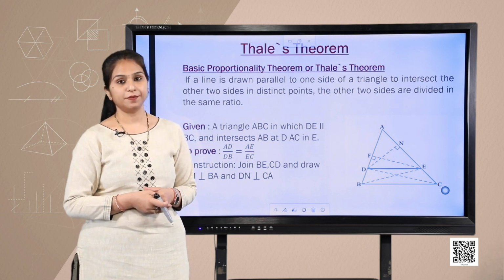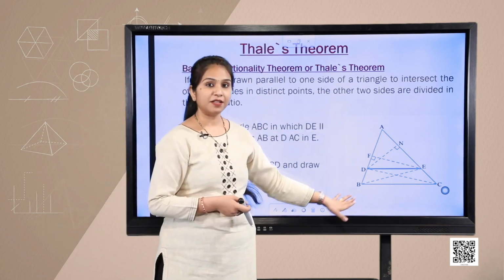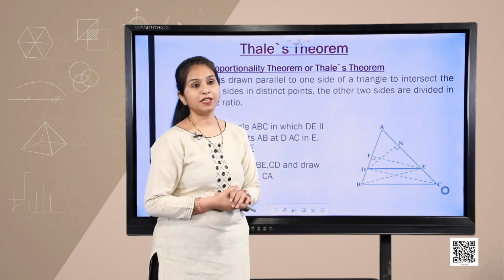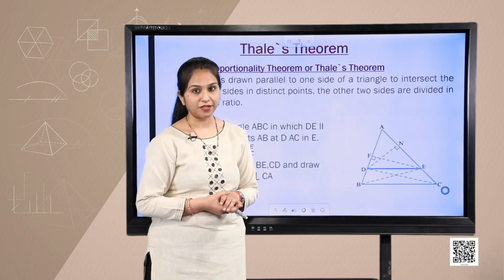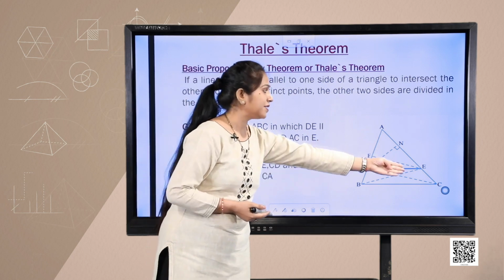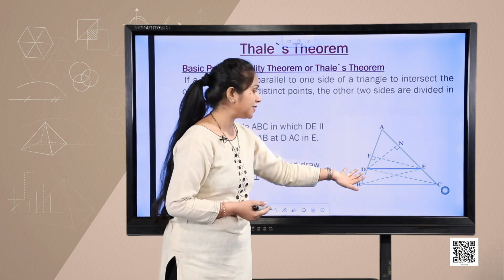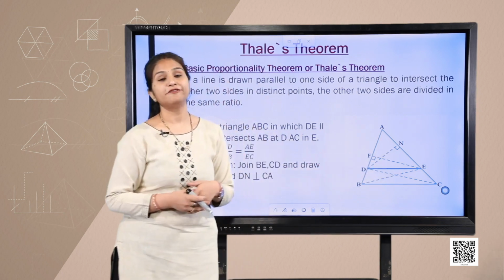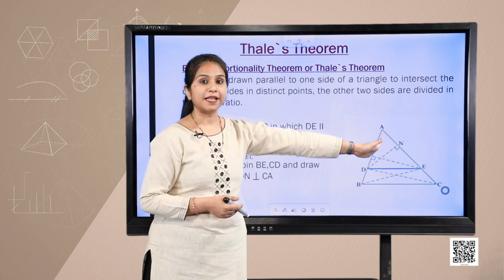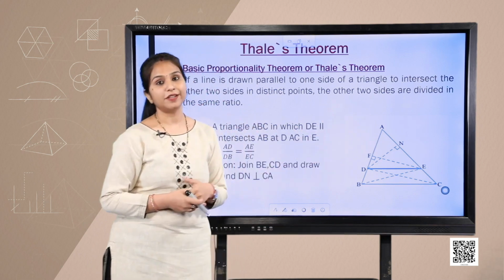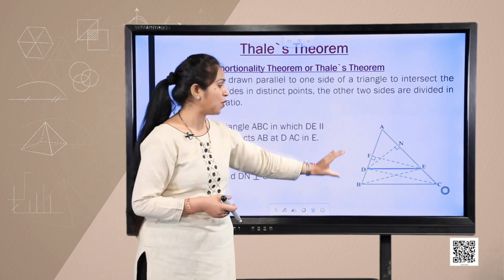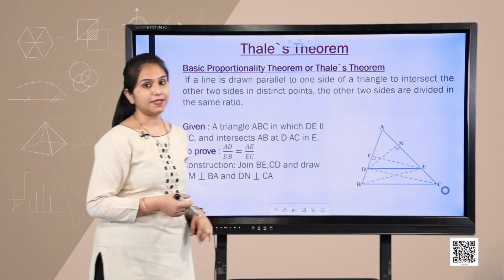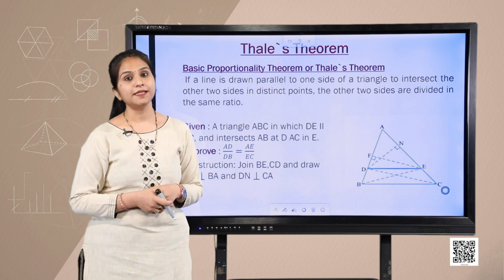What this theorem says is, if in a triangle there is a line which is parallel to one of the sides of the triangle, and it intersects the other two sides at two distinct points, say D and E, then this line divides the other two sides in an equal ratio. That is, AD upon DB will be equal to AE upon EC. So let us understand this theorem.